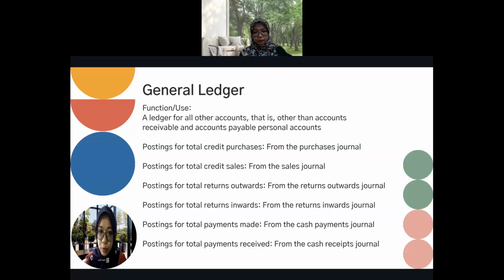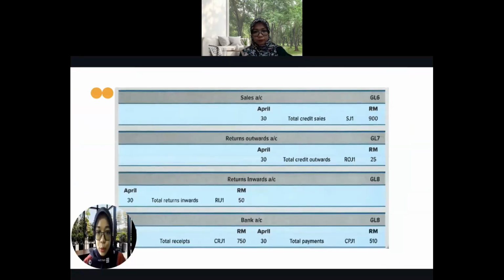The cash payment side is posted in the general ledger, whereas for total payments received, the debit side is posted in the general ledger and the credit account receivable side in the receivable ledger. These are examples of the general ledger. It consists of the sales account, the outwards account, the inwards account, bank, and other accounts other than account payable and account receivable.